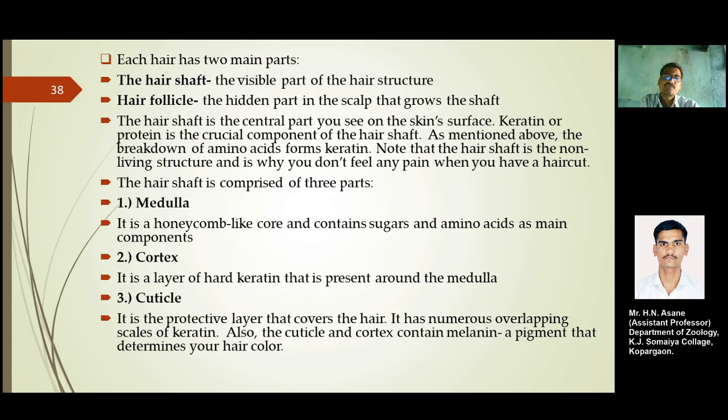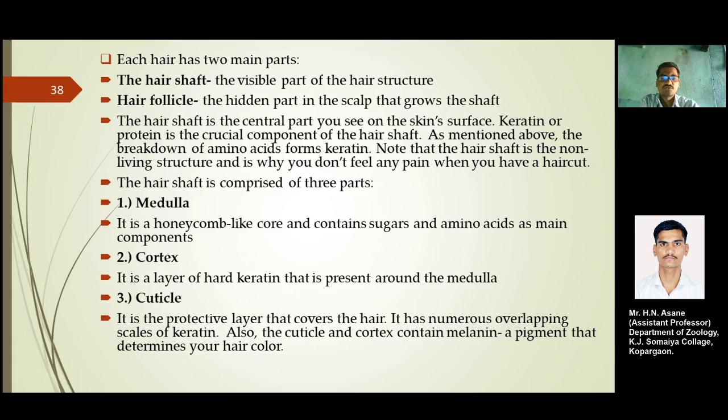Okay, the first one will be the medulla, a honeycomb-like core that contains sugars and amino acids as the main components. The second one will be the cortex, the layer of hard keratin present around the medulla surface.